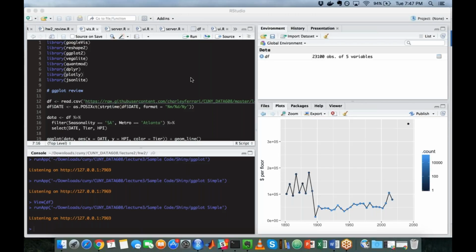These packages are essentially repackaged versions of JavaScript libraries. So Google Vis is its own charting API. Plotly and Vega are specific JavaScript libraries that you could use in JavaScript, but have been ported over to R.